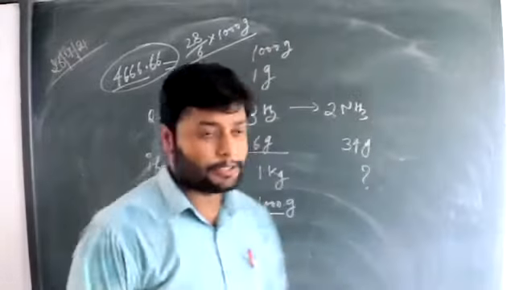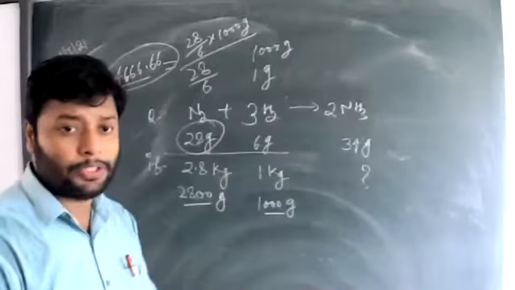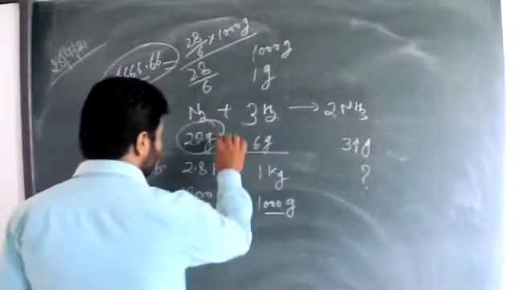So look at the case: 28 gram nitrogen produces 34 gram ammonia. Now relate the question.